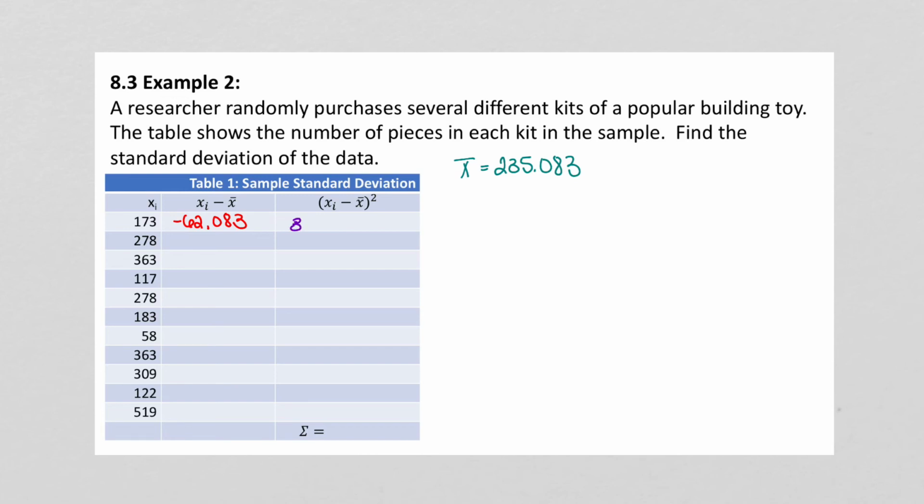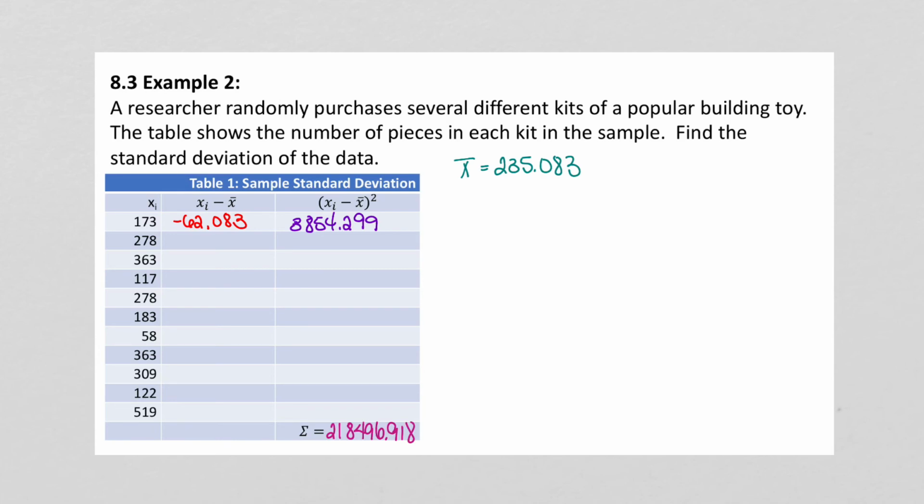That'd give us 3,854.299. And once we subtract and square, we add all those up, and it gives us our total down here at the bottom, our sum of the squares of the differences. Why I use Excel, so we don't have to do this all by hand.